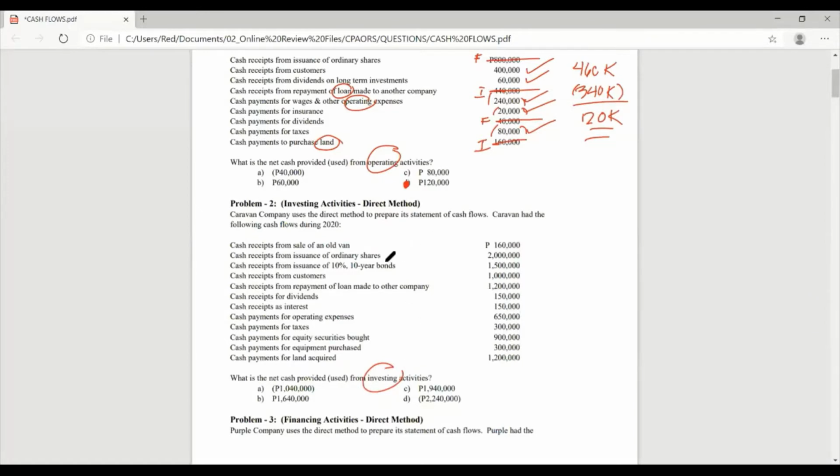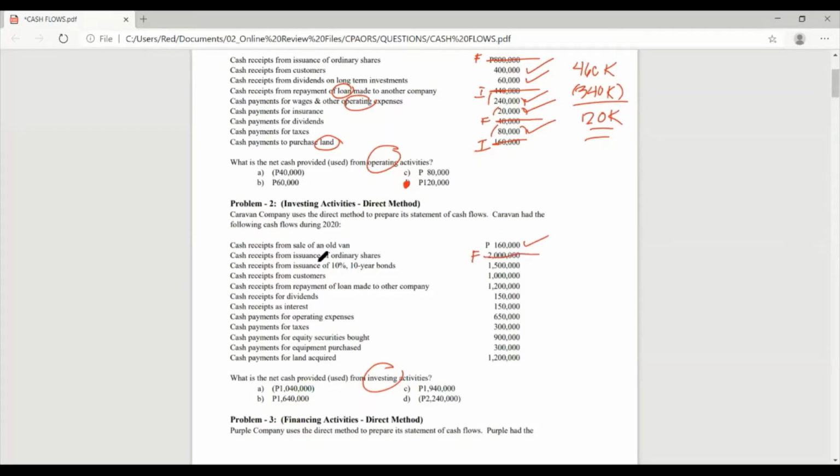So we only look at investing. First, cash receipts from sale of an old bond. Sale of what? A non-current asset. Therefore, included under investing. Next, cash receipts from issuance of ordinary shares. Ordinary shares is equity. Therefore, where does it go? Financing. So disregard, this is financing.